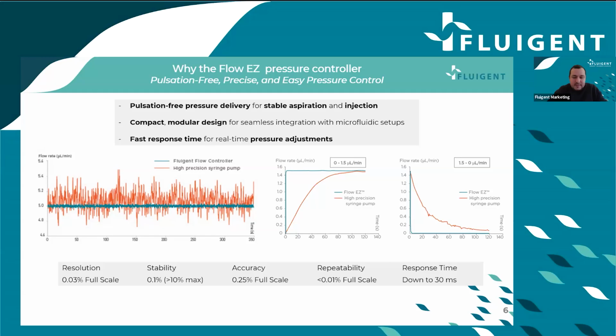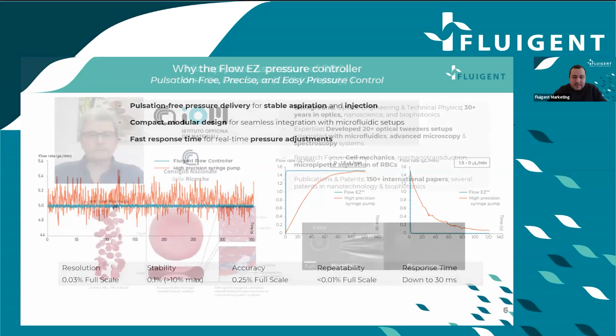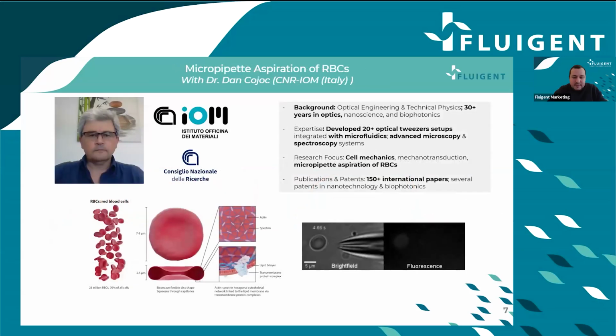high precision and reproducibility. Within this expertise, today we are pleased to introduce Dr. Dan Cojoc, senior scientist at CNR-IOM in Italy, with over 30 years of experience in optics, nanoscience, and biophotonics. Dr. Cojoc has developed more than 20 optical tweezer systems, advanced microscopy and spectroscopy platforms, with over 150 papers published, along with multiple patents.